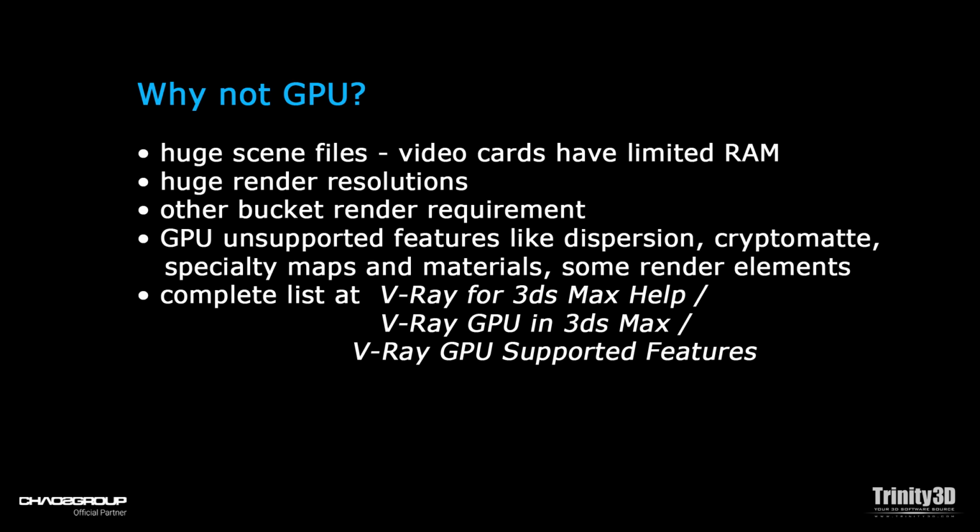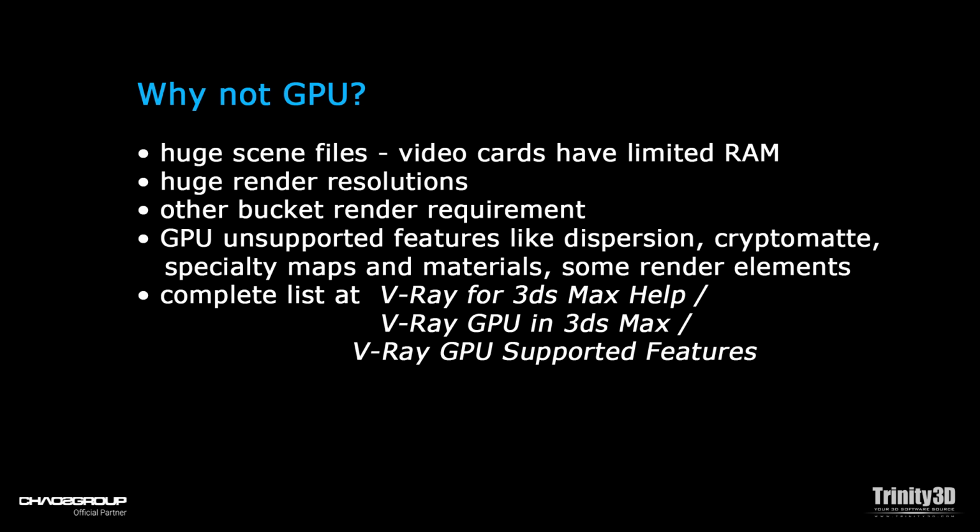Why would you not want to use GPU? There are still some reasons that are pretty strong. With really huge scene files, they just won't fit on the video card's memory. Typical GTX cards of today, they cost $700 or so, and they typically have 11 gigs of RAM.